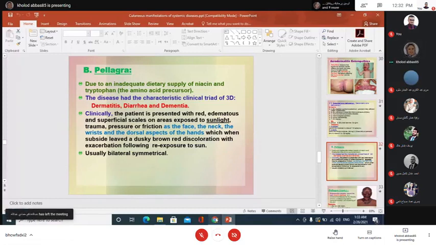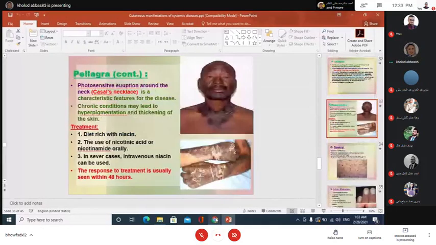Okay. Presented as dusky brown, red discoloration with exacerbation following exposure to sunlight. Usually they are bilateral, symmetrical. هذا الساين نسميه castle necklace sign اللي هو ال eruption around the neck. فعندي hyperpigmentation with thickening.